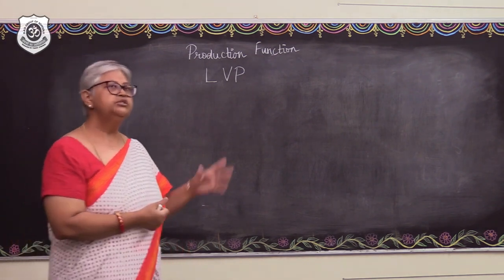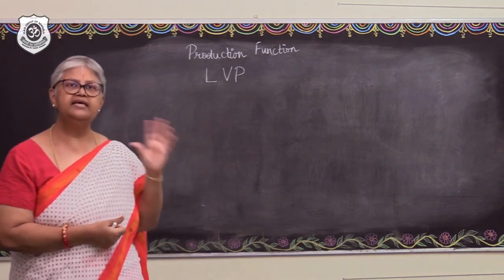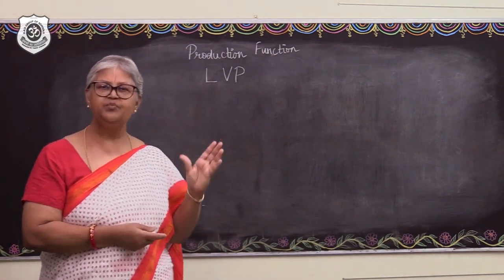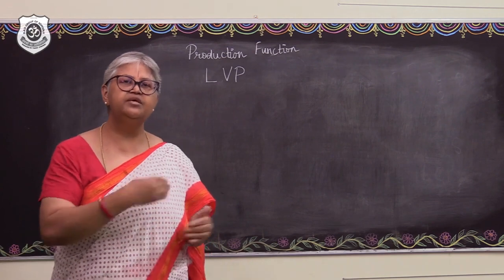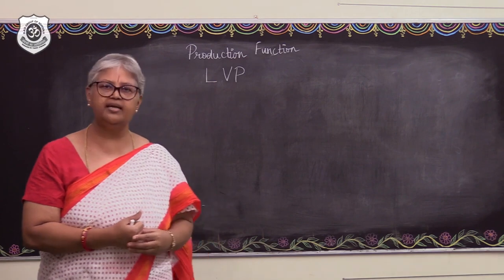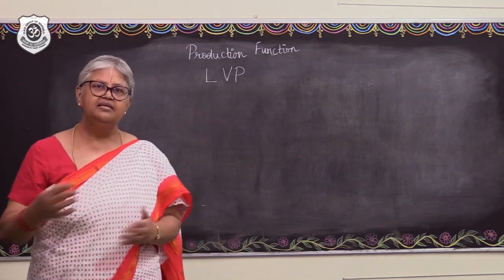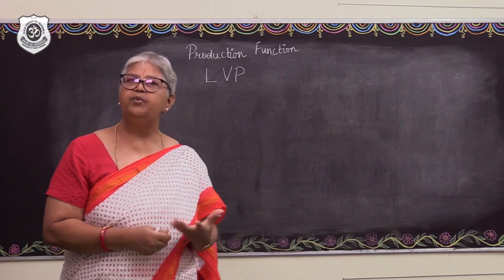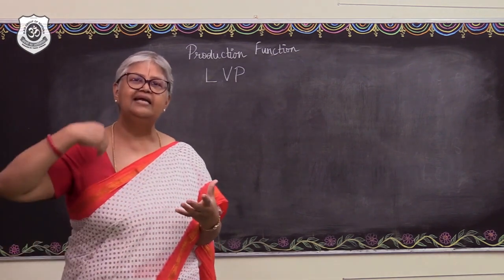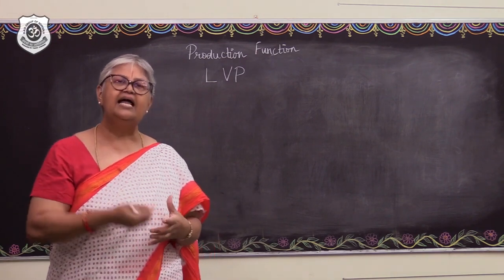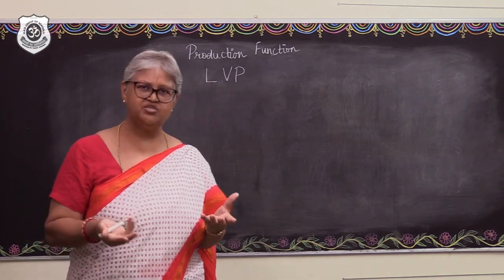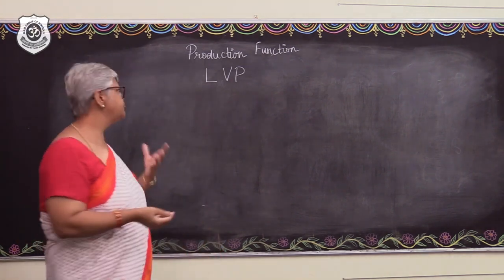Ceteris paribus, or all other things remaining the same, even as the entrepreneur increases the variable inputs in the short time period, the total output increases initially at an increasing rate, then at a decreasing rate, and then at a negative rate. Let me repeat.